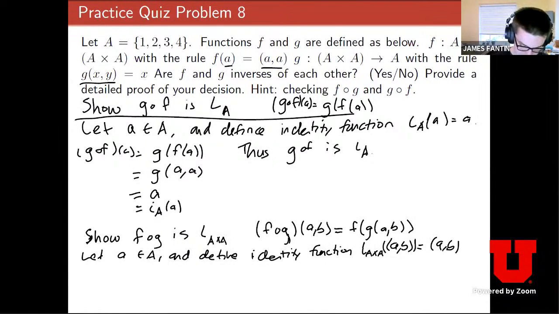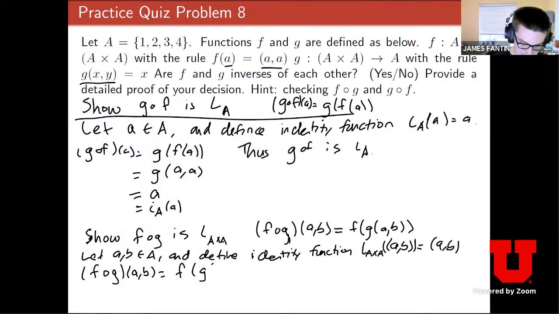So if you look at F composed G, that's just F of G of (a, b), where a and b are in the set A. We need to look at two elements here because the domain of this is the cross product of A and A, so we need to be looking at the tuple.